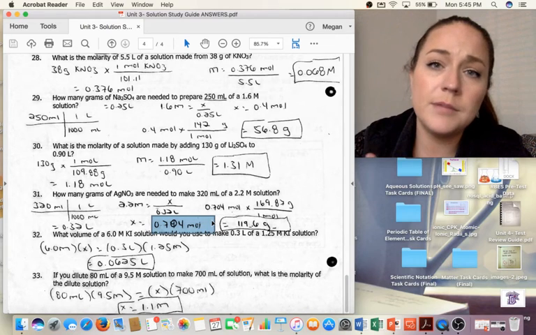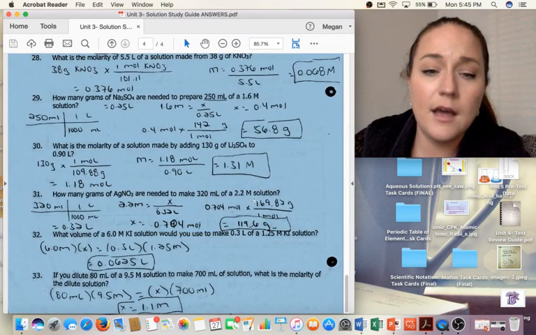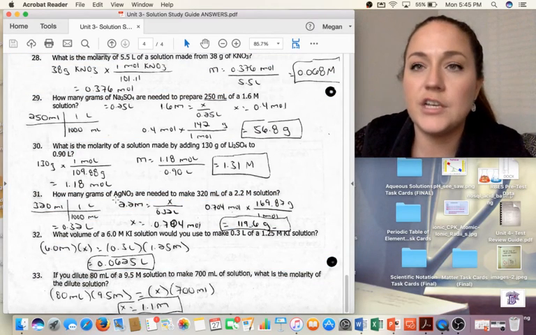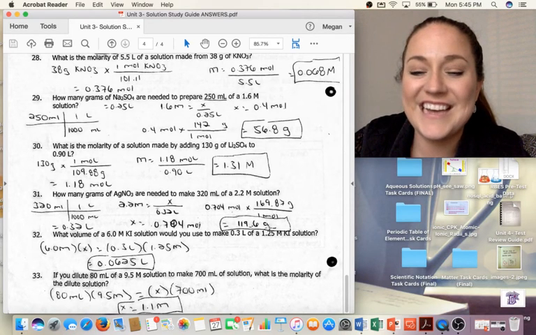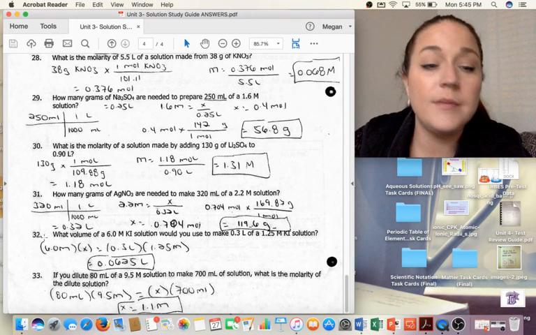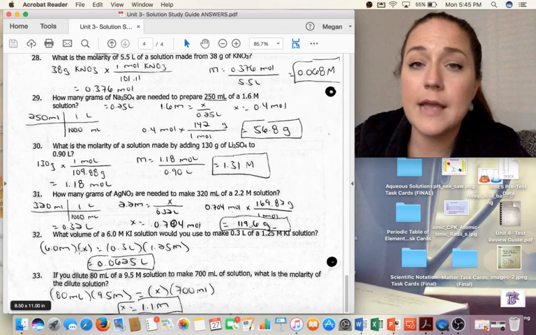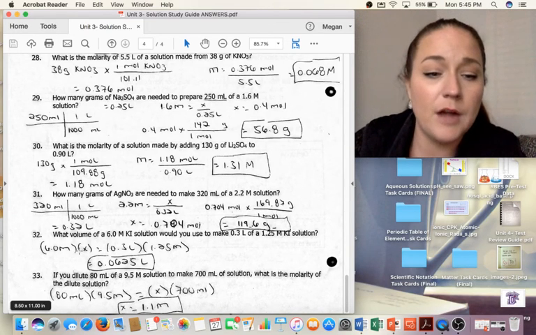You multiply the 0.704 times the molar mass of AgNO3, giving you 119.6 grams.